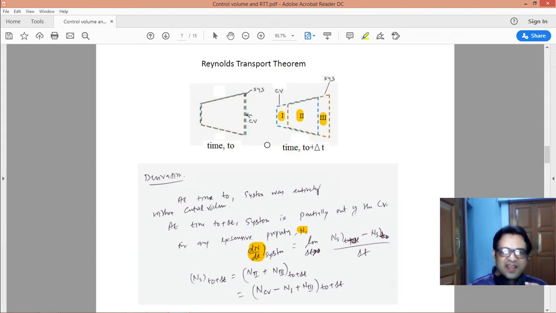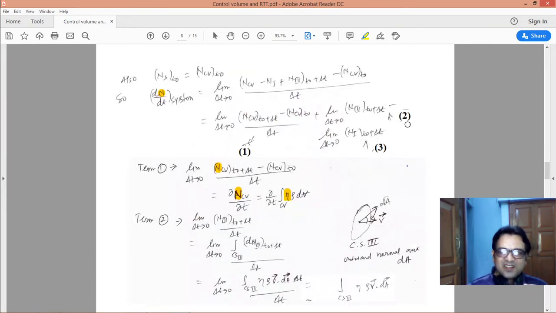So region 1 will act as the inflow control surface and region 3 will act as the outflow control surface. So through these regions the mass enters and mass leaves, the momentum enters, momentum leaves, energy enters, energy leaves. So if we approximate this, we will get the inflow condition for region 1 and we will get the outflow condition for region 3 for any property of the flow. So basically term 2 contains region 3, it is the outflow.